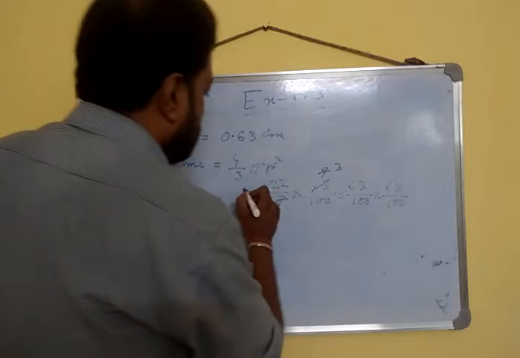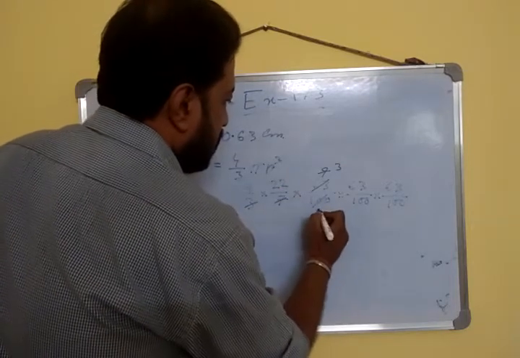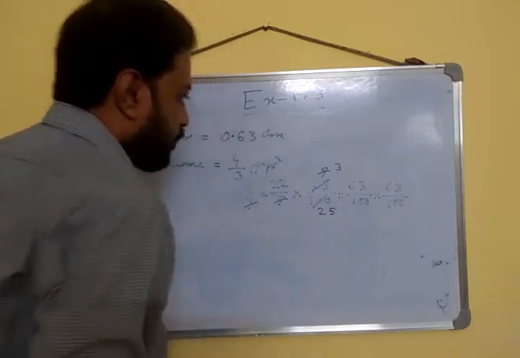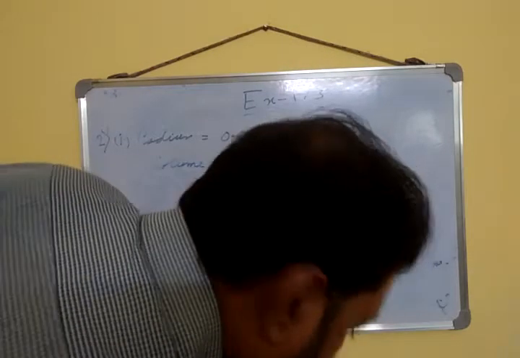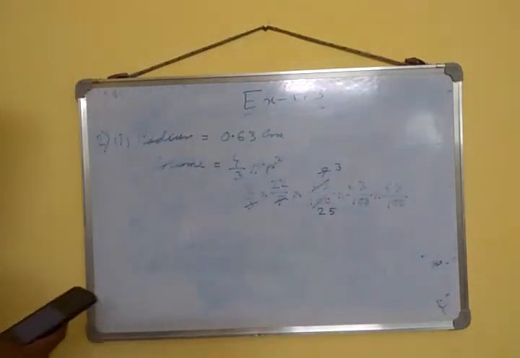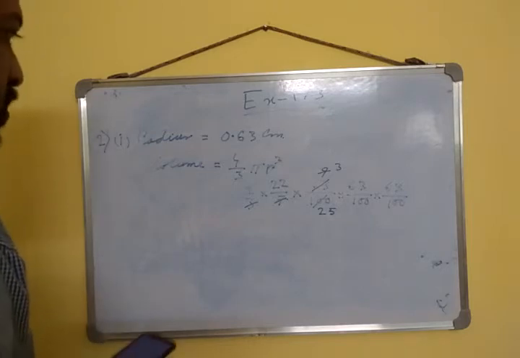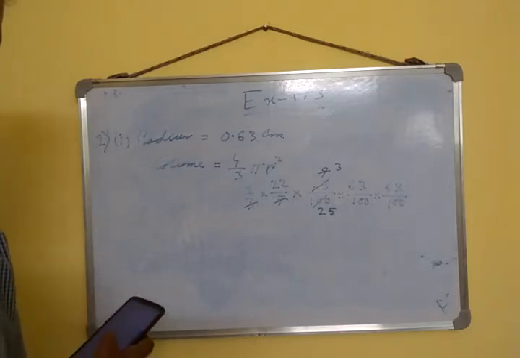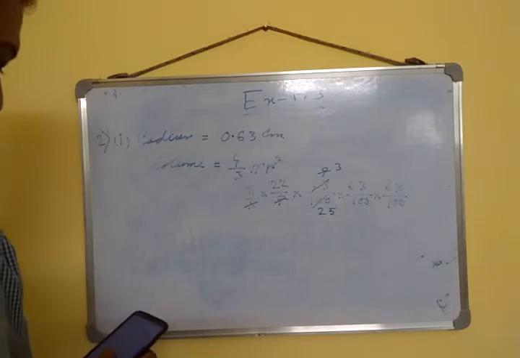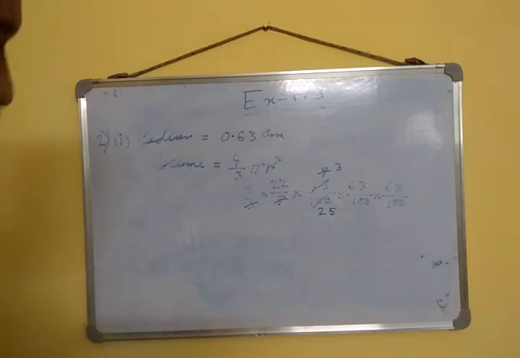Let me cut down some more. It will be 25. Now we need to calculate it. 63 into 63 divided by 250000.